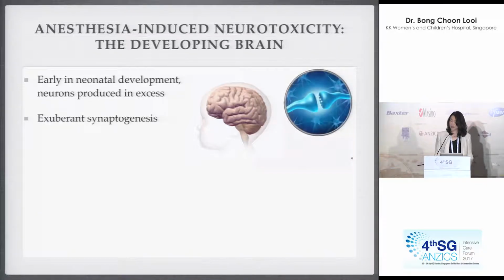Early in neonatal development, when a baby is born, we have more neurons than we ever need, right? So it's an excessive number of neurons. The newborn period is an exciting time where you have exuberant synaptogenesis. Connections are formed between the neurons.